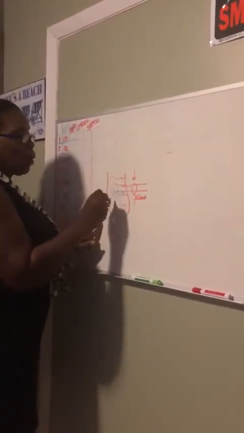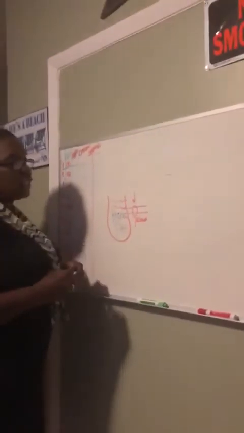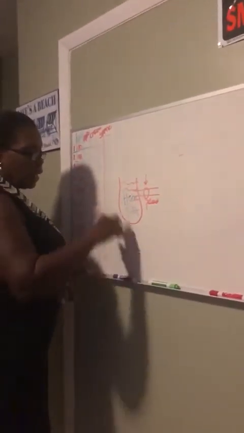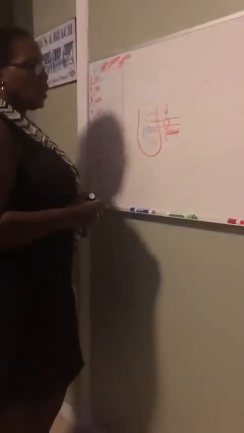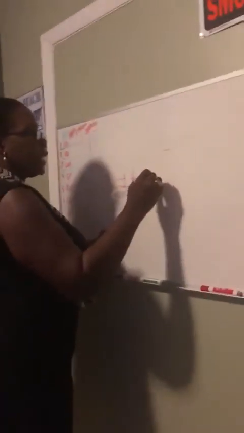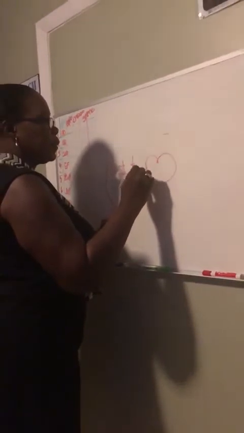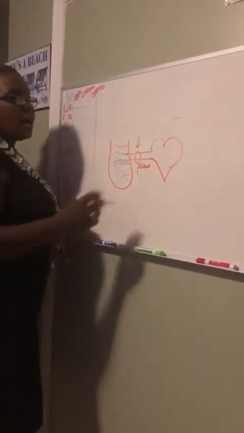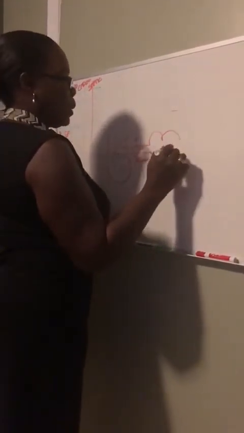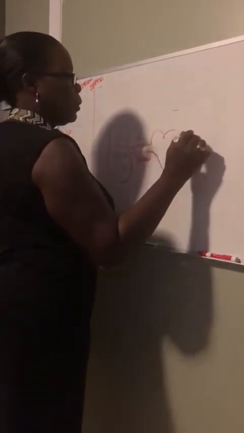What is in there? Oxygen. Hemoglobin carries oxygen to the vital organs. One of the vital organs is what? The heart. So there you have it. You have the heart. Then the heart pumps. This would be your afterload.